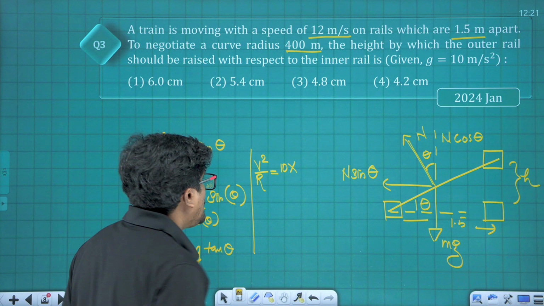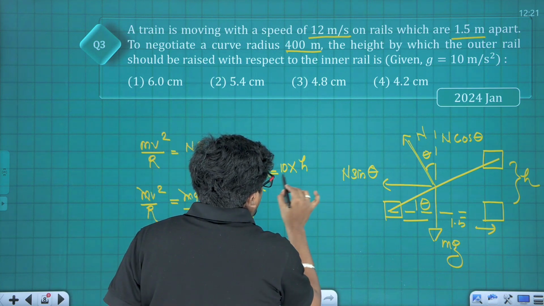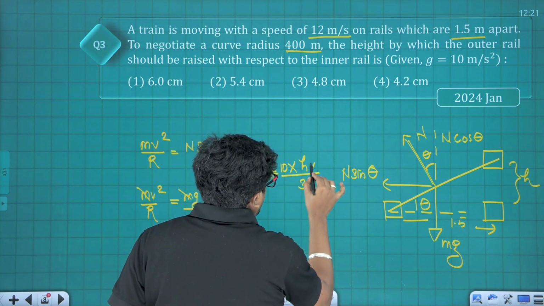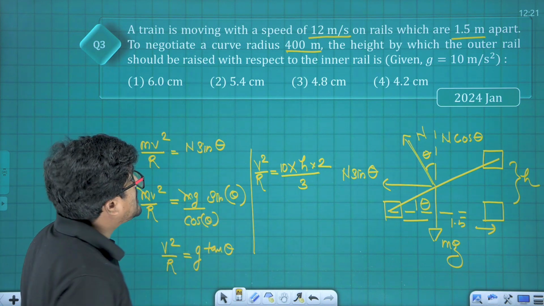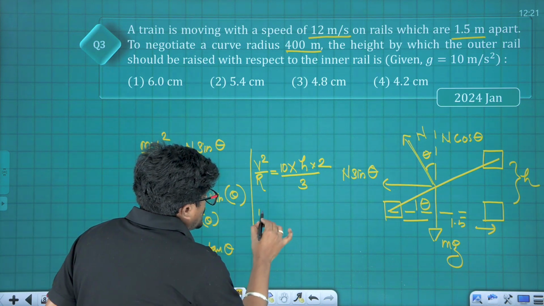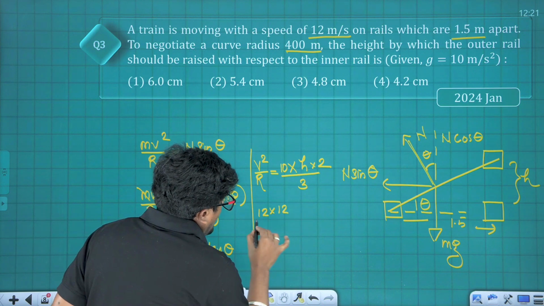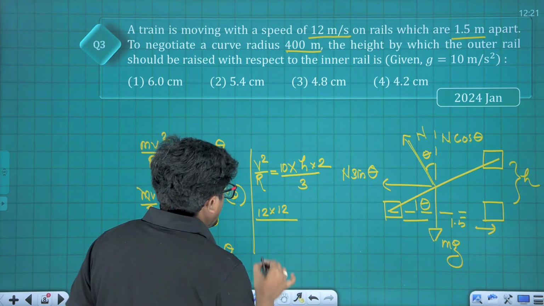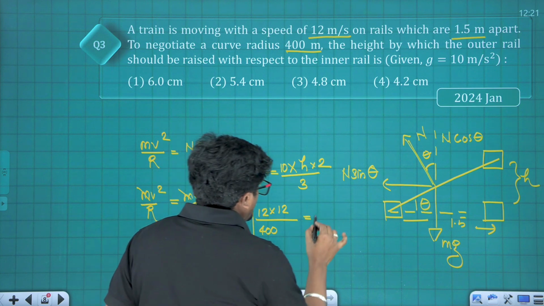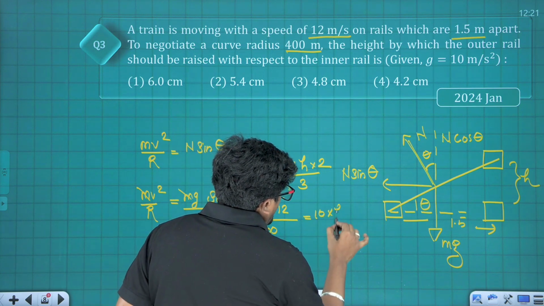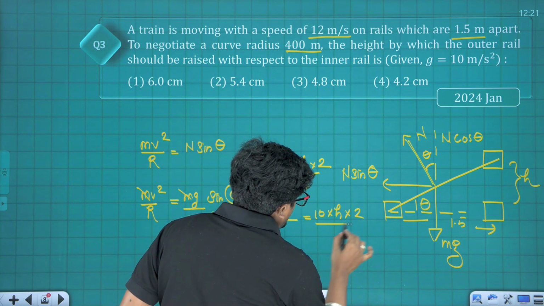Okay, and tan theta is H by 1.5, that is 3 by 2. Okay, g tan theta. What is v square? V square is 12 square. So 12 into 12 upon, what is capital R? 400. Okay, that is now equal to 10 into h into 2 by 3.